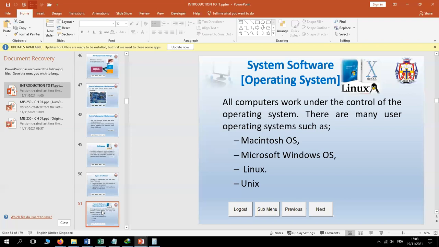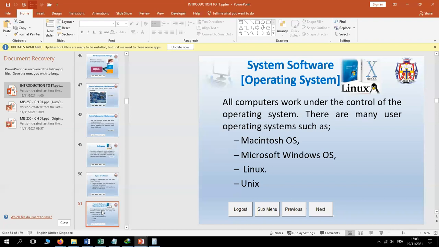Okay. I said it is the software that coordinates and controls operations of the computer, and it provides an interface for the user to interact with the computer. That is system software. Examples we have talked about: number one is Linux, which somebody has mentioned.